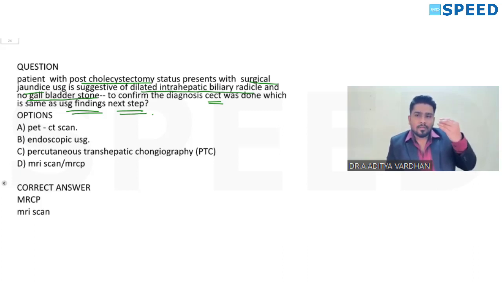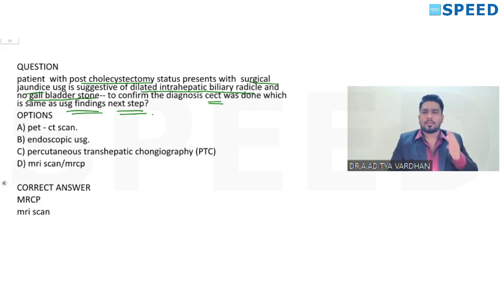Whether a stone has moved out while doing the surgery and entered the common bile duct, that is what they are coming to see. To confirm the diagnosis, a CECT was done. Contrast enhanced CT of the abdomen was done, and it was the same as the ultrasound finding. No new findings were seen.